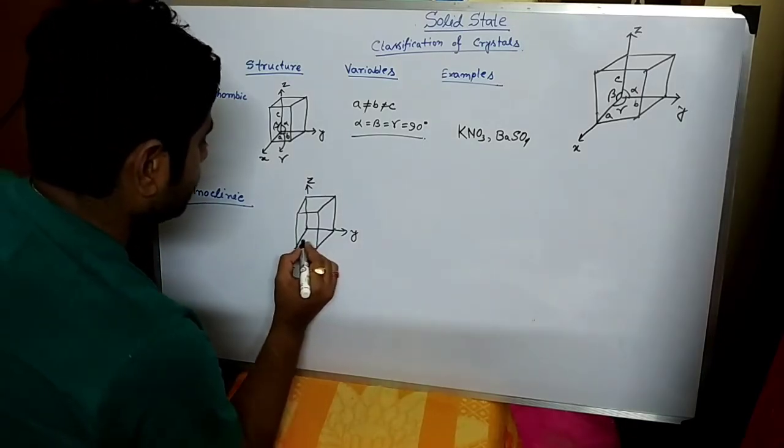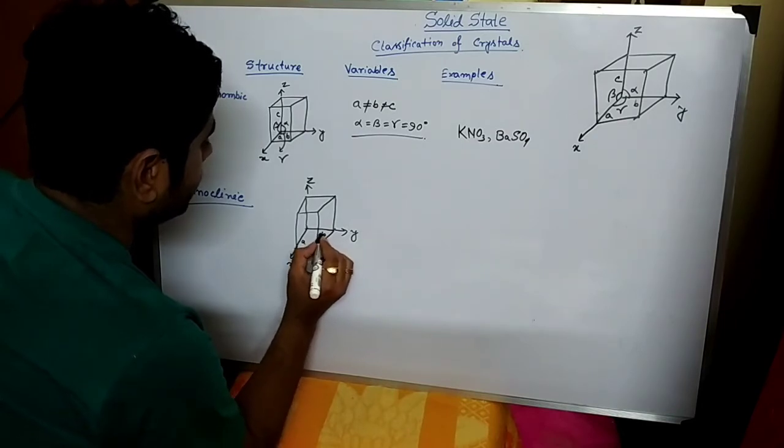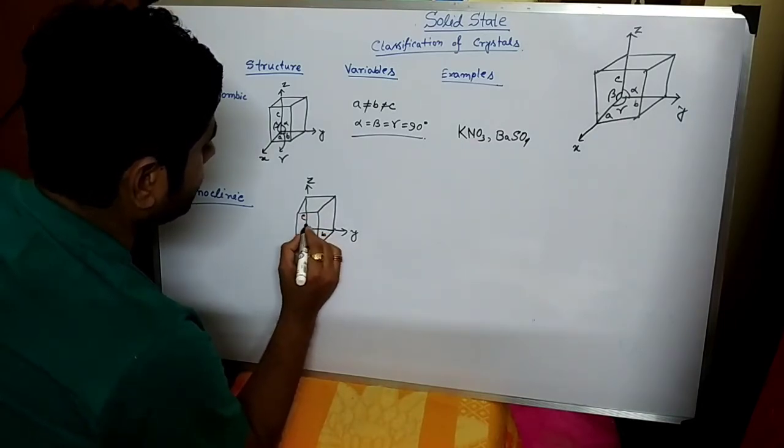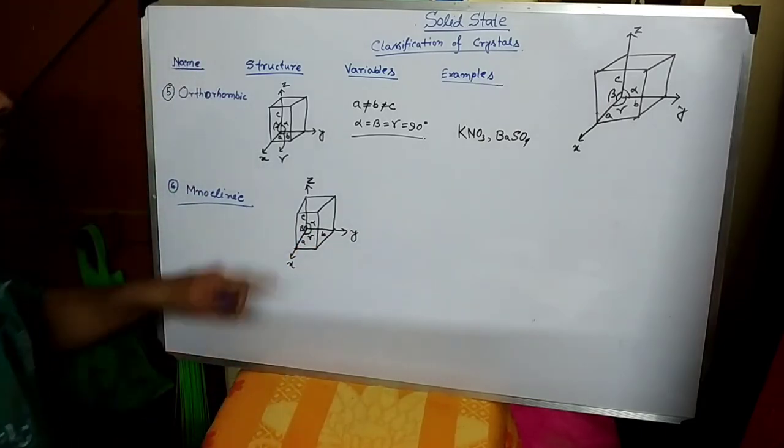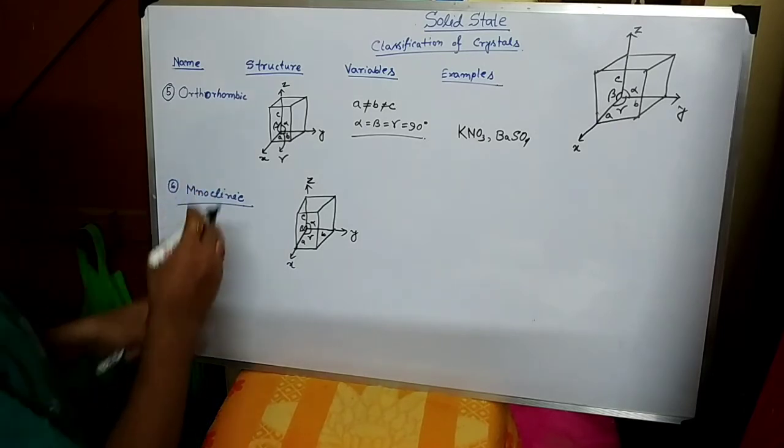Here this is A, B and C, alpha, beta and gamma.